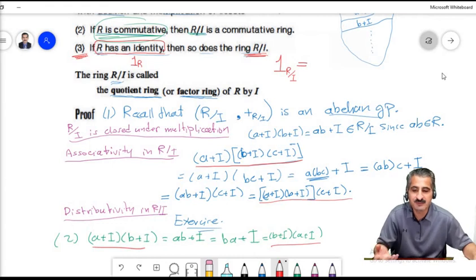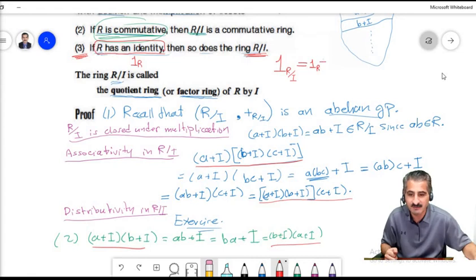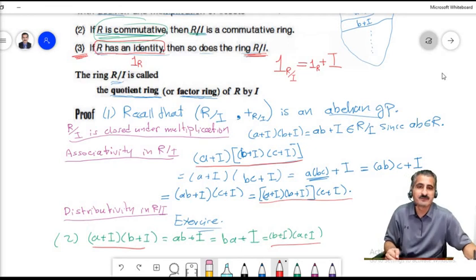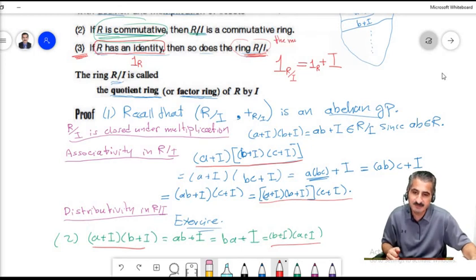A coset of I. Which coset? The coset which is represented by the identity of R. So this is the identity of R over I. This is the multiplicative identity of R over I.